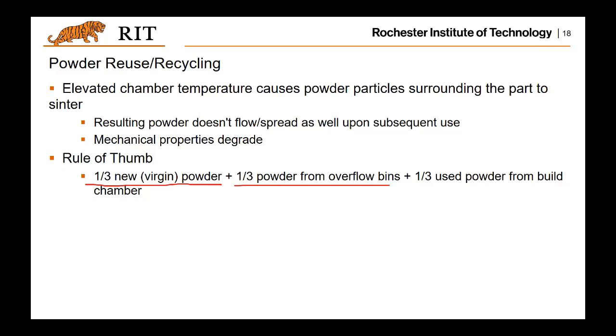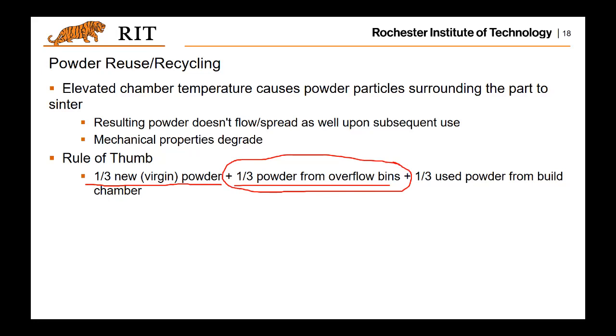So where is the overflow bin? Because the leveling roller moves to spread the material, some excess powder is pushed into the overflow bins. So basically, you take 1/3 powder from these overflow bins, and another 1/3 from the used powder from the build chamber.